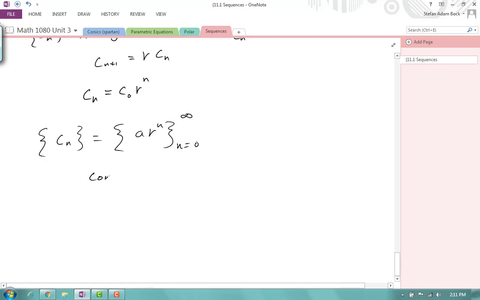Now these converge if r is less than or equal to 1 in absolute value. Certainly if r is equal to 1, then I have a constant sequence, and that's very boring. If r is smaller than 1 in absolute value, then we can show with a limit, we might have to use some logarithmic techniques, but we can show with the limit that that converges to 0.